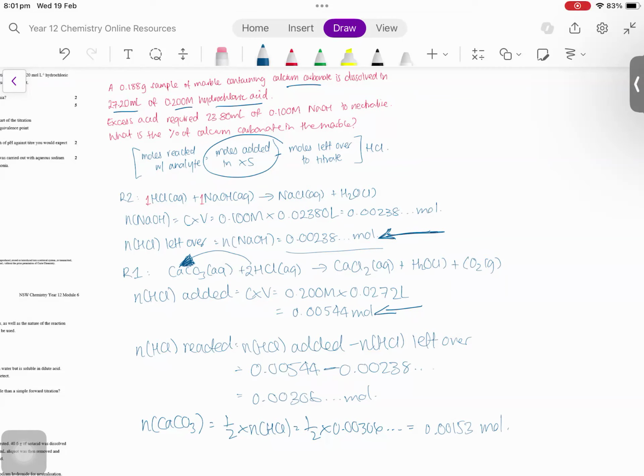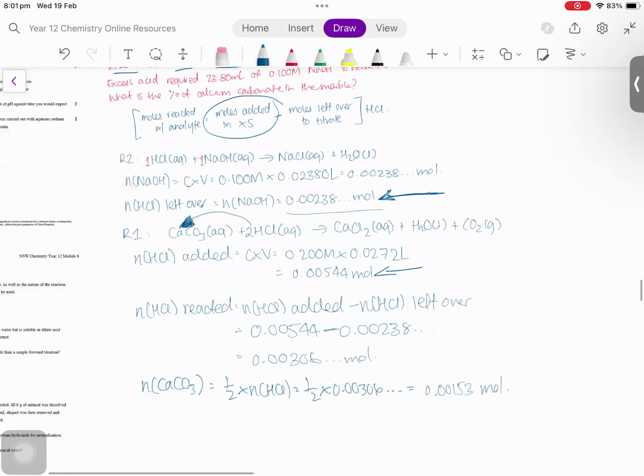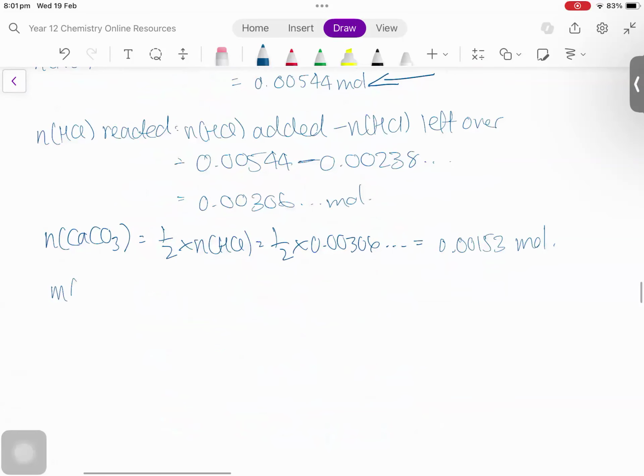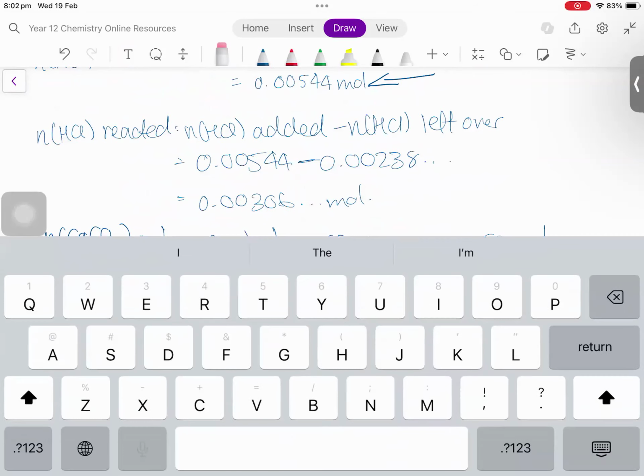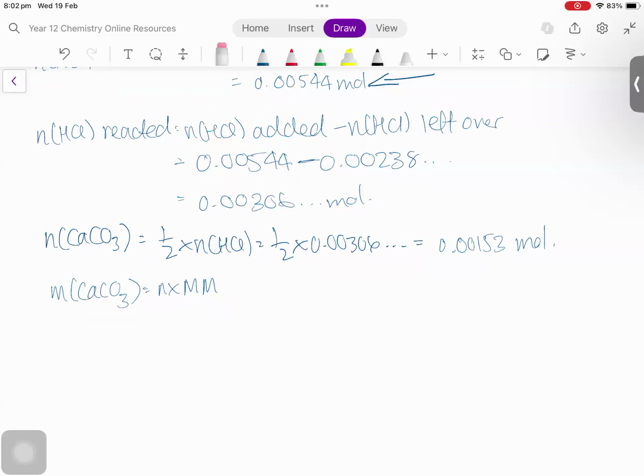So you also want your calcium carbonate to be in terms of mass as well. Because then you can do mass as a percentage of the bigger mass. Which means, how do I go from moles of calcium carbonate to mass of calcium carbonate? Moles times molar mass. Can you grab me the molar mass of calcium quickly?